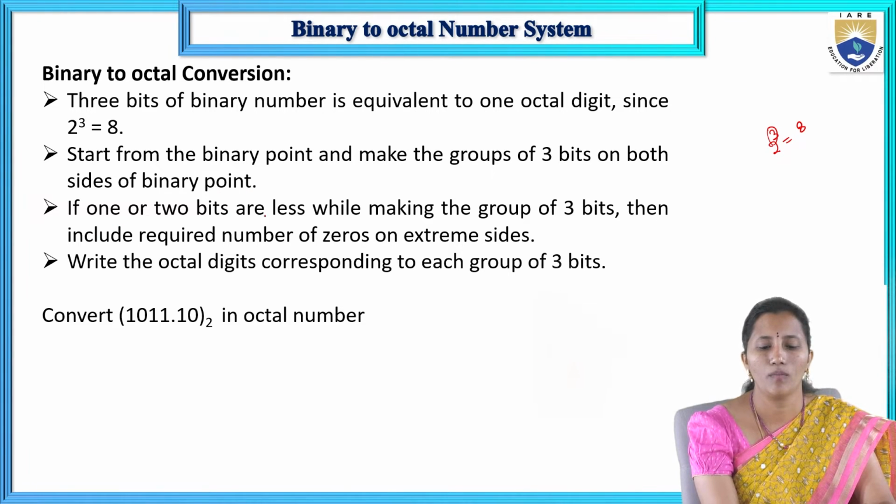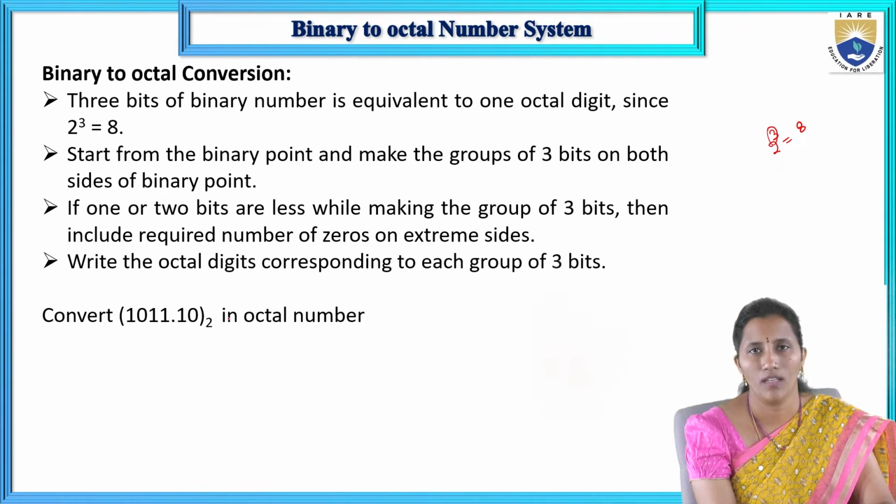If 1 or 2 bits are missing while making a group of 3 bits, then include the required number of zeros on the extreme sides. If we have fewer bits in the integer part, add zeros on the MSB side. For the fractional part, add zeros on the LSB side.